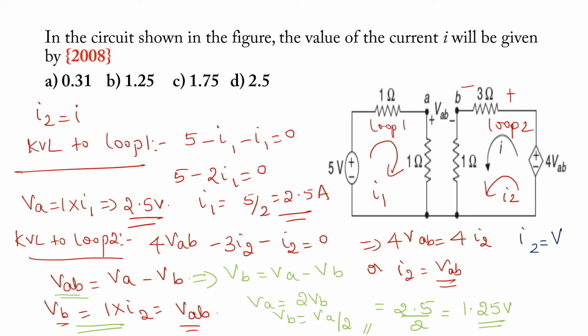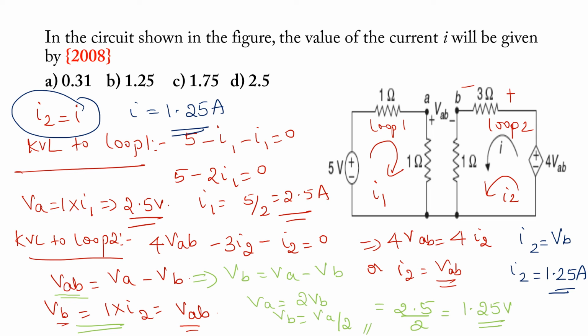So I2 equal to 1.25 amps. I2 is nothing but equal to I. So I is equal to 1.25 amperes. So the second option B is the right one. 1.25 amps is the current I.